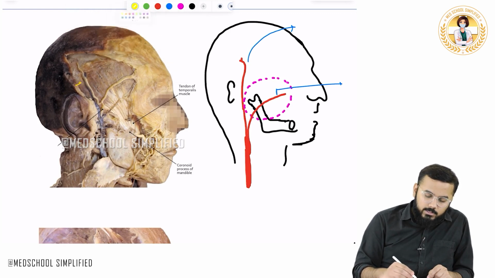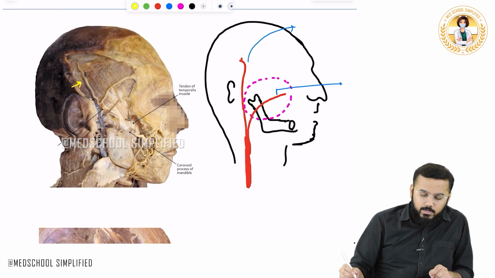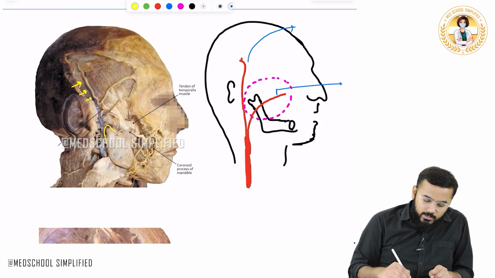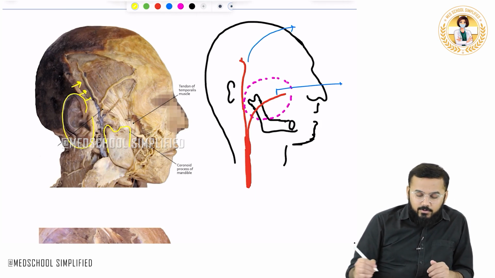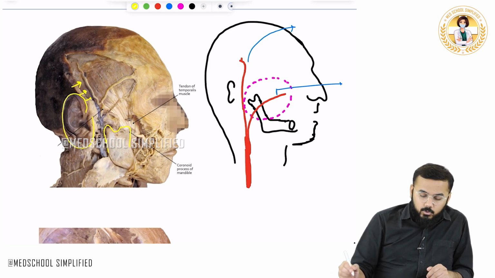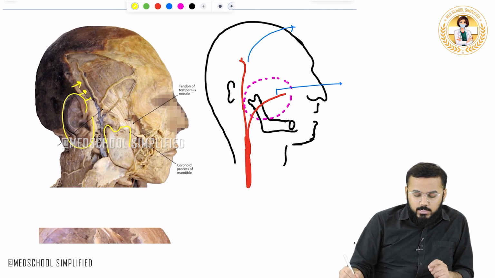Yeah. So this is the place, you see this place over here. You see this artery which is entering into the temporal region. All of you know that this is your mandible. All of you know this is your ear. Behind the mandible, in front of the ear, you see this particular artery that is going up, right? So can I tell that this artery is called as superficial temporal artery? So this artery over here will be your superficial temporal artery.